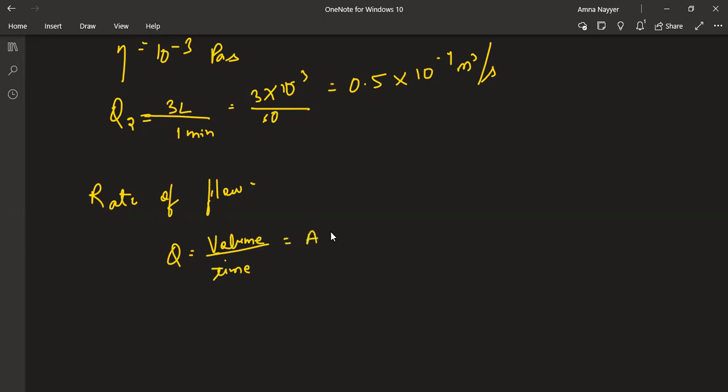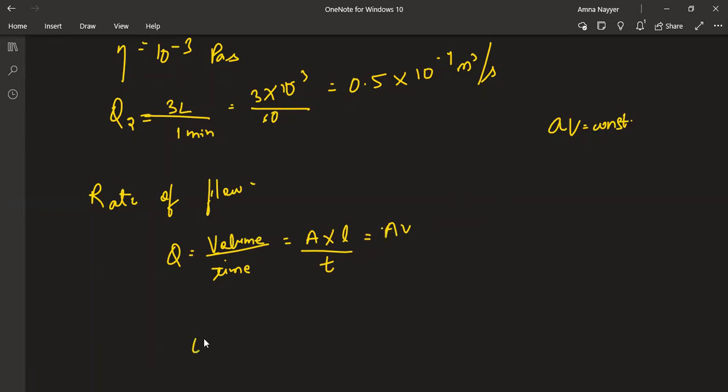So volume is area into length and time is T. Now see class, area into length by time is volume by time. Length by time is velocity. So this becomes A into V. This relation we are going to use also. Q is equal to AV. This is constant. This is one equation we use. AV is constant.